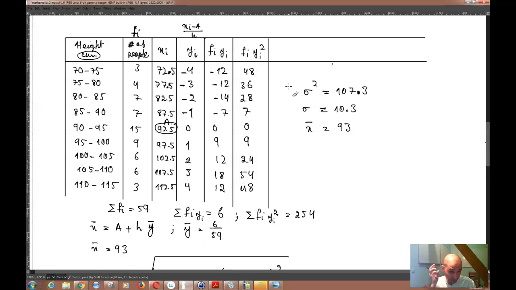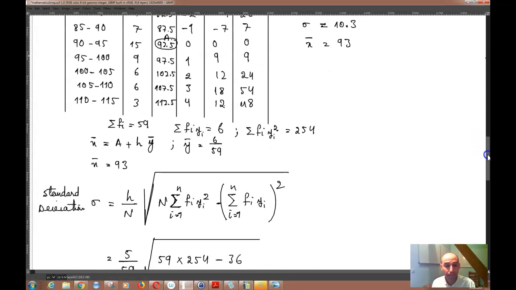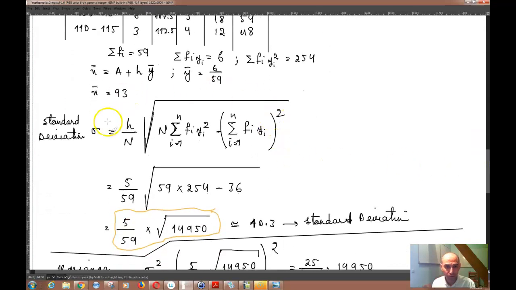Apart from this formula that you wouldn't understand by looking at it, we have another formula that we can actually use in order to understand these numbers.